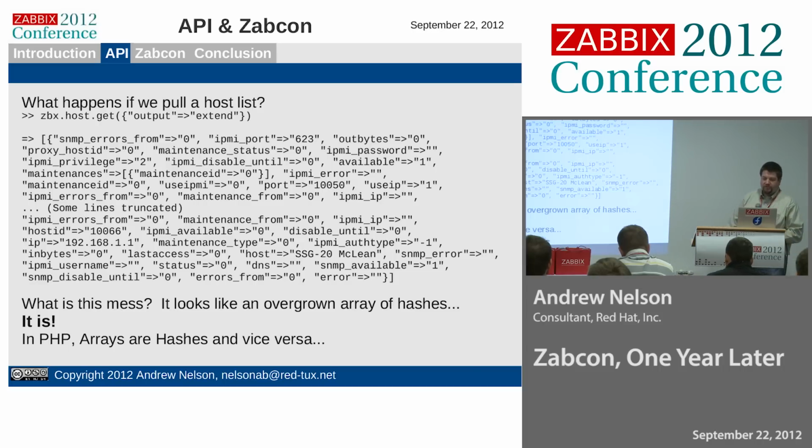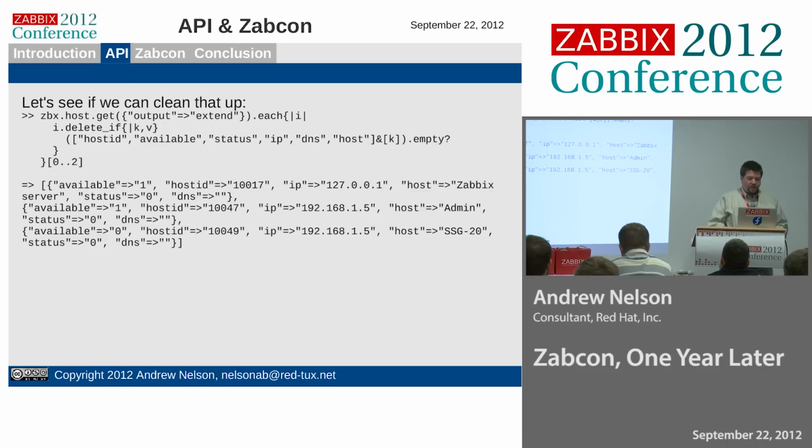And as you can see here, we're doing a host.get, and we're just pulling back, with the extend output, which gives all the information. And here we're displaying everything that we've got. So moving on, let's see if we can clean that up with some Ruby code. So we're going to do our Zabbix host.get.